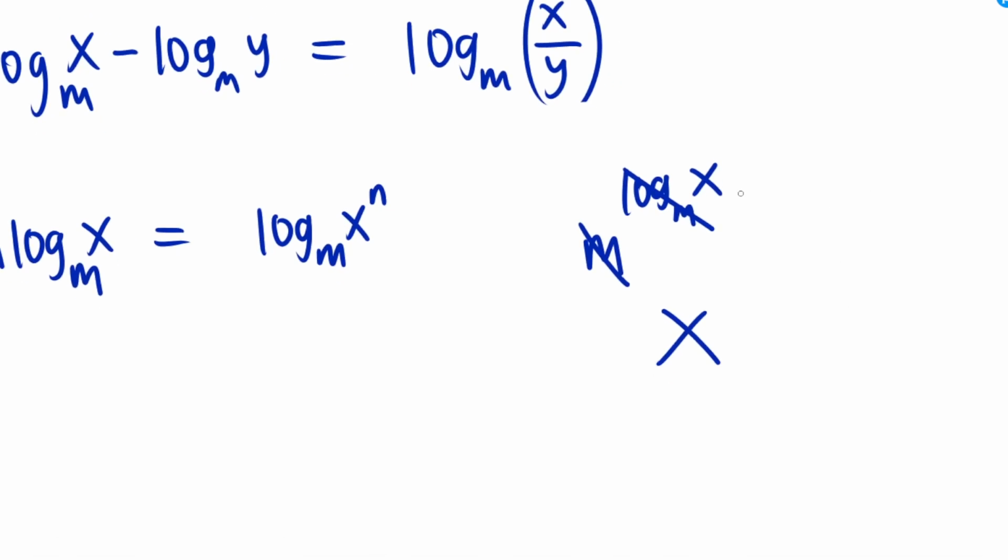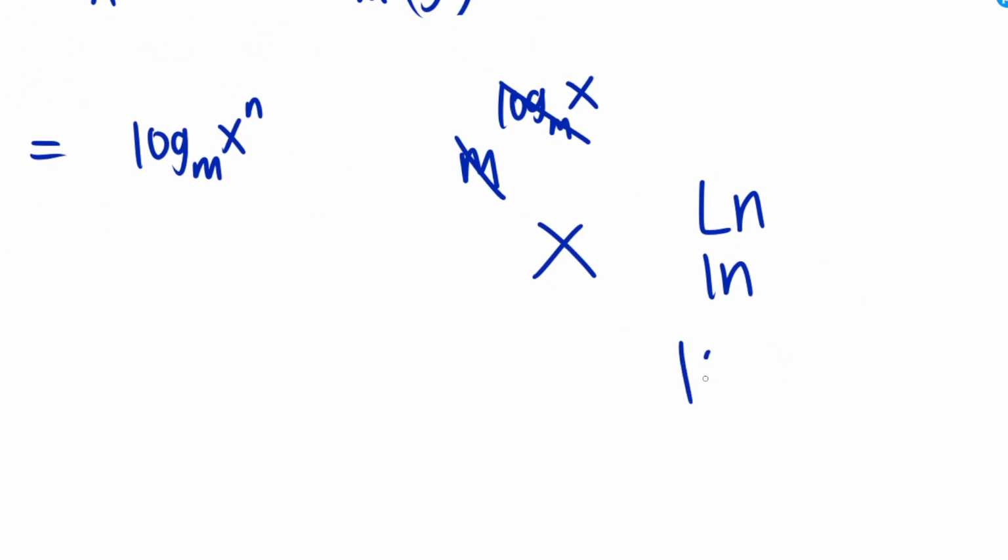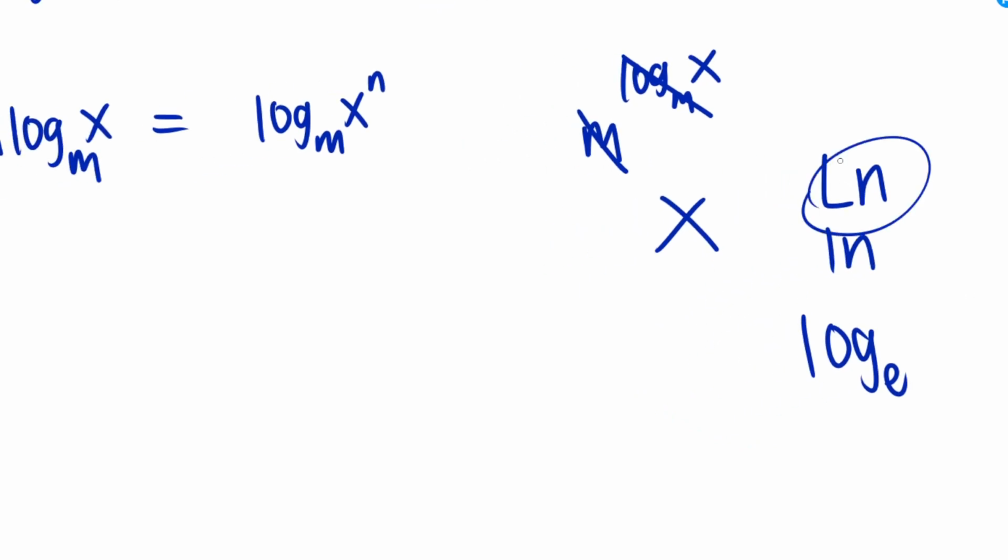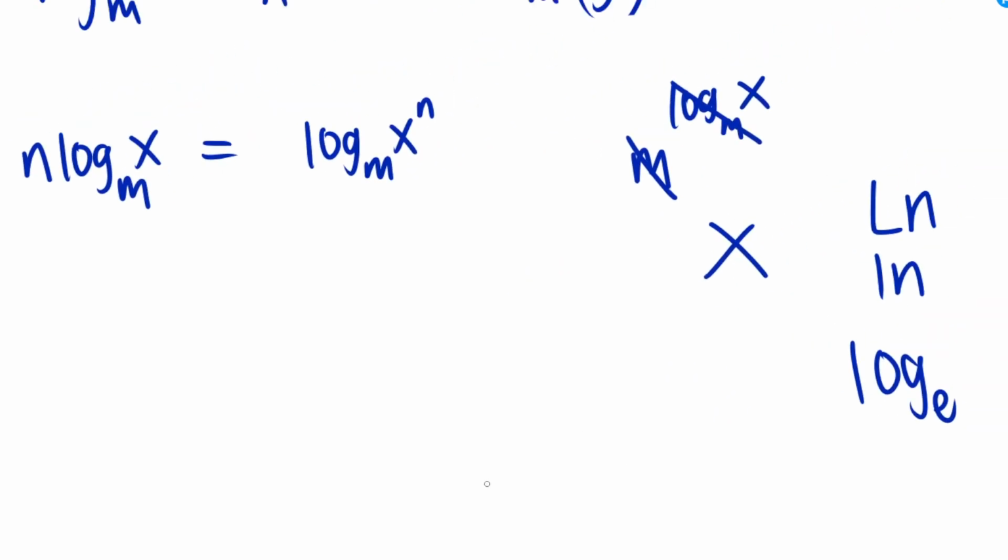And also ln, you'll sometimes see ln. That's exactly the same as log base e. They just gave it a special name because they see e in nature a lot. It's called a natural log.